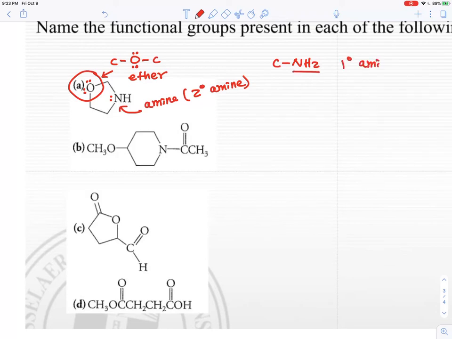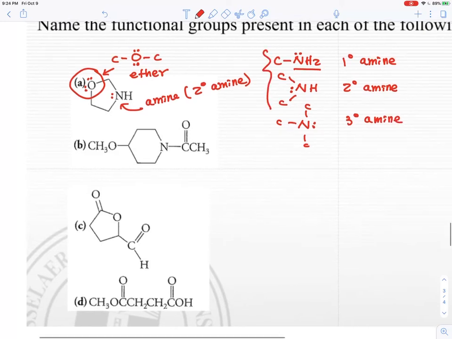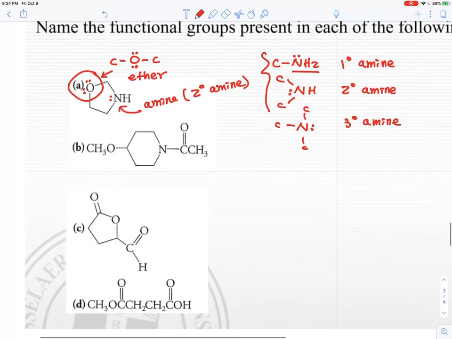If the amine has NH with 2 carbons connected to this lone pair containing nitrogen, that's a secondary amine. You can already guess that if 3 carbons are connected, it's a tertiary amine. You'll learn about the different types of amine later in organic chemistry.